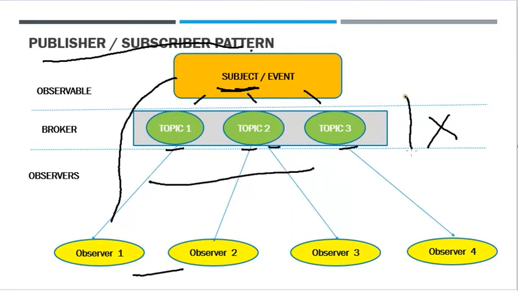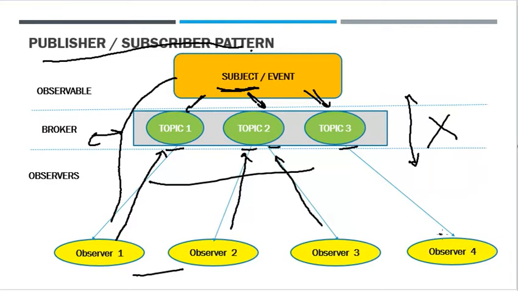There is this interface in between, which is some kind of a messaging queue, called the broker. In many cases, it can be a messaging queue. The subject will simply post different topics or events on this messaging queue or bus, and the observers are subscribed or registered to particular messaging topics or events, and based on that, they will receive updates, depending on which topic is, for example, being uploaded to this messaging queue.